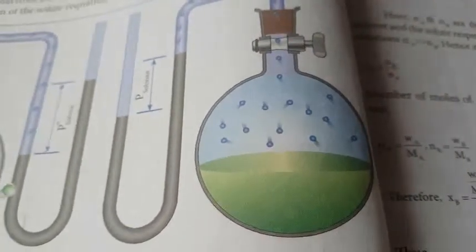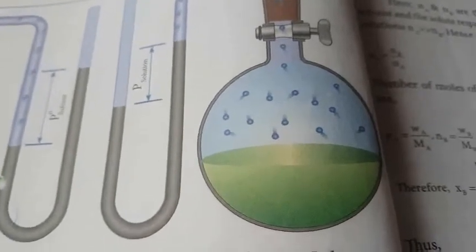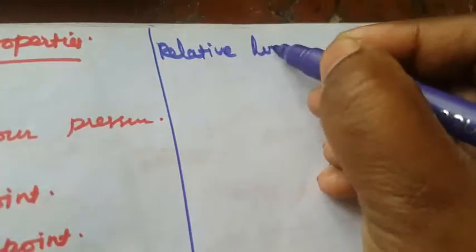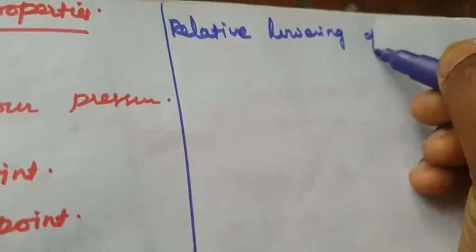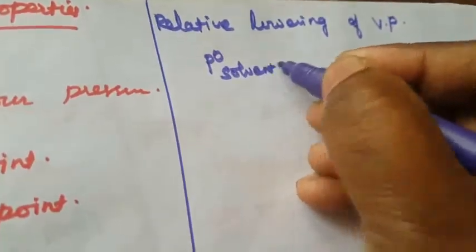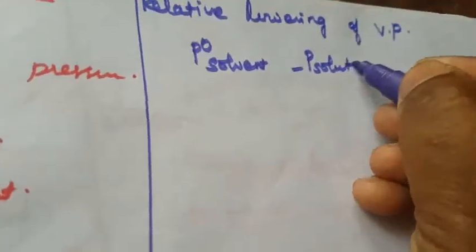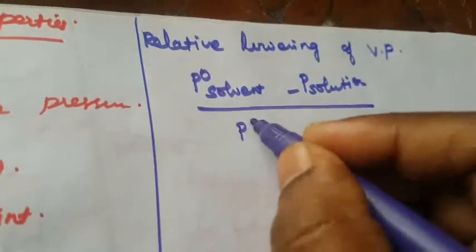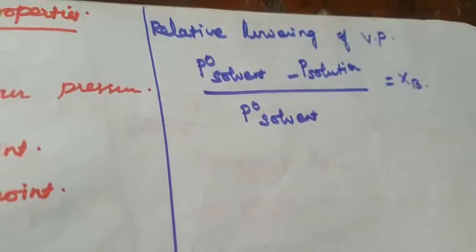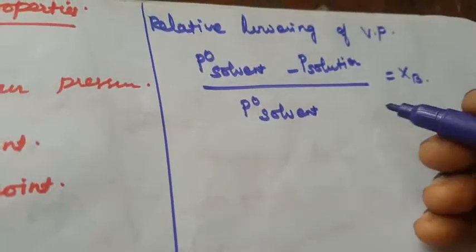So how is it calculated? The molar weight and the relative lowering of vapor pressure, according to Raoult's law. The relative lowering of vapor pressure can be calculated as P0 solvent minus P solution divided by P0 solvent, which is equal to XB, the mole fraction of the solute.